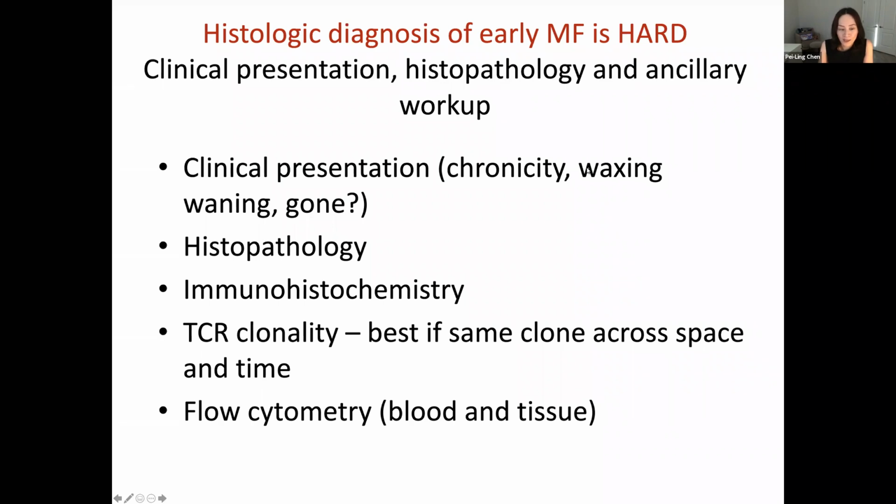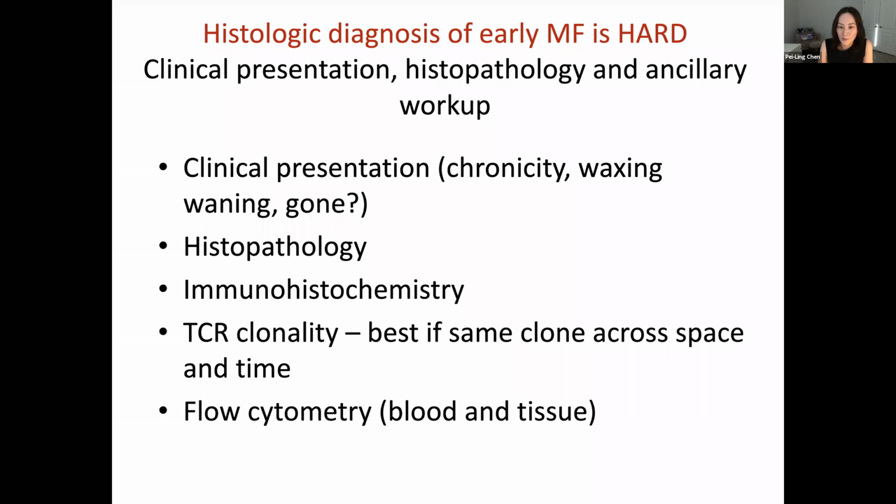If a lesion is waxing and waning, I may not think of mycosis fungoides. I would think of some entities such as lymphomatoid papulosis, LYP. If a lesion is completely gone and never comes back, I hesitate diagnosing MF as well. So my histologic diagnosis has to fit the clinical presentation. Histopathology is very important, it is the key to diagnosis.